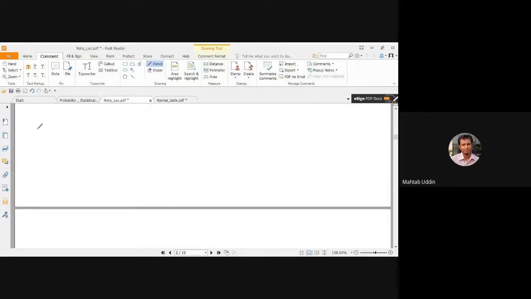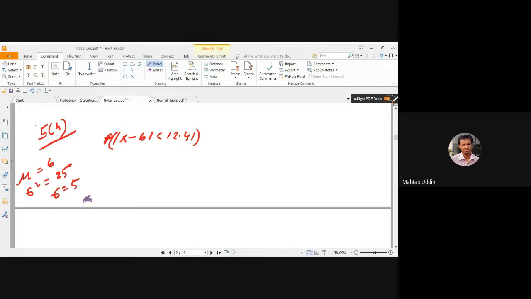So P of x minus 6 less than 12.41. Here given mu is 6 and sigma square equal to 25, so sigma equals 5.